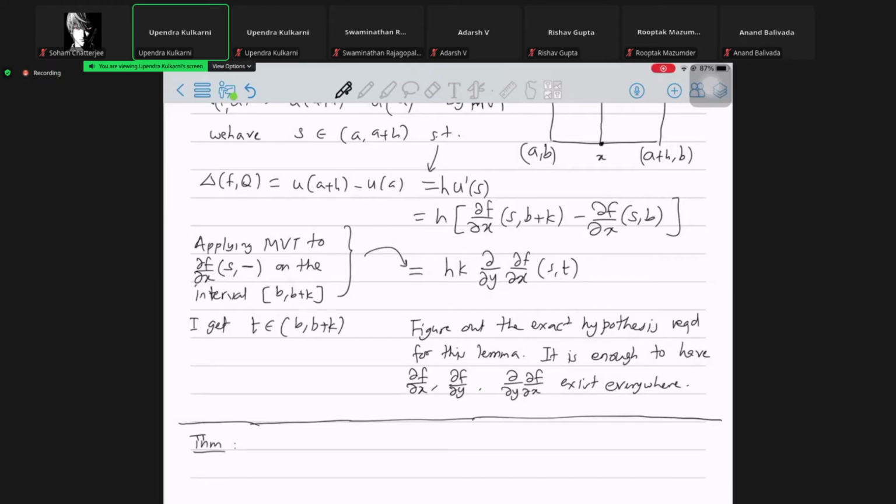Suppose for the above f, d21, which is equal to del by del y of del by del x, is continuous at (a, b).